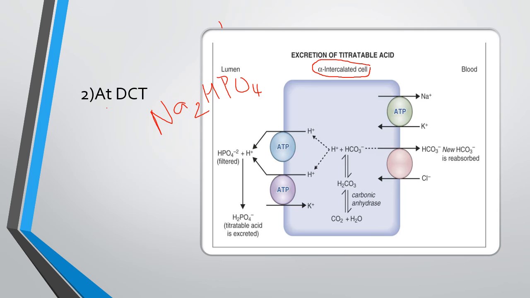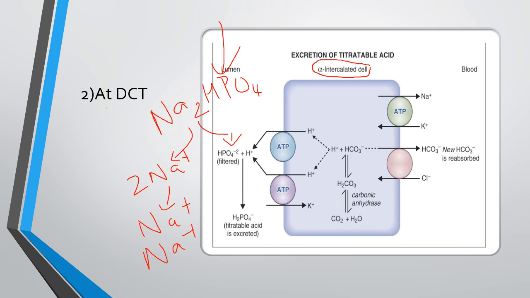This is secreted into the lumen of the tubules, and it breaks down to form 2Na plus and HPO4 2 minus. So this Na plus, we can split it as one Na plus, one more Na plus.